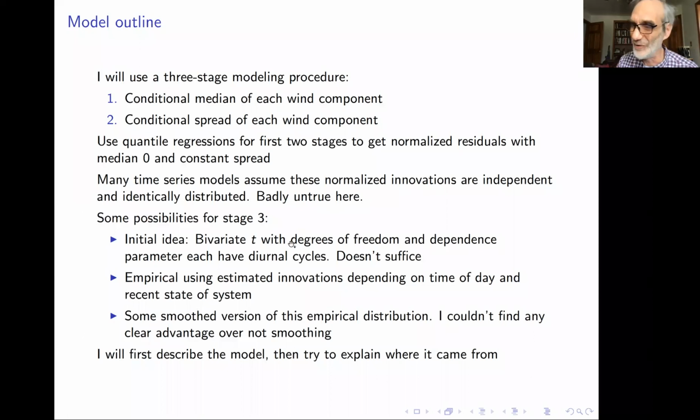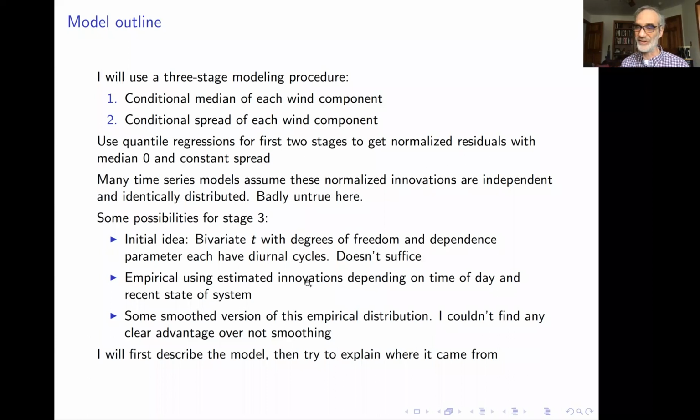So the first thing I was doing, I wanted to really have a fully parametric model in the end. So I tried, because these distributions were fat-tailed, coming up with describing them by a bivariate T distribution where both the degree of freedom and the dependence parameter of the bivariate T would have diurnal cycles. And I worked with that for quite a while until I concluded that just really wasn't adequate.